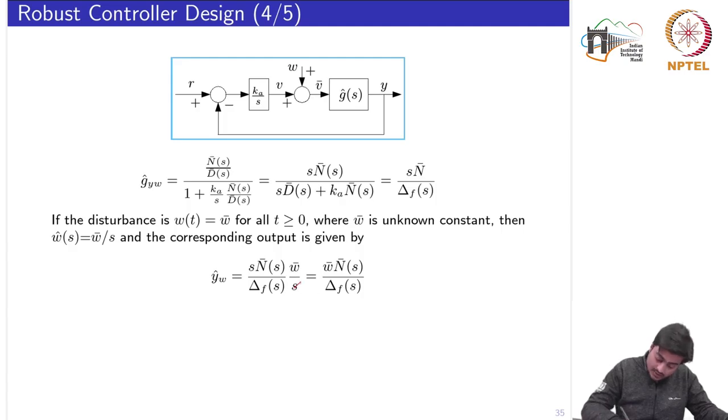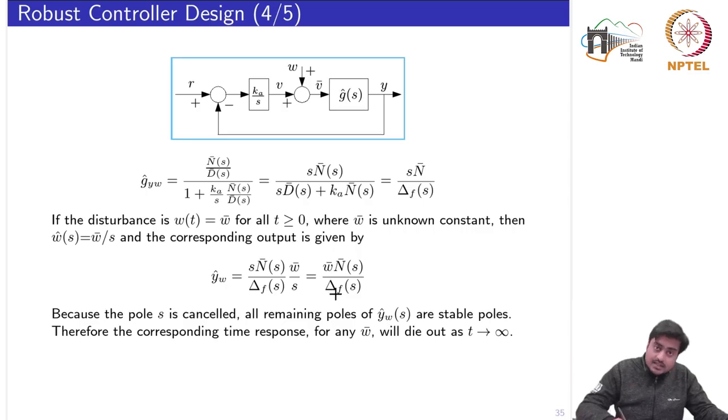So you would see that this s has been cancelled naturally, and the response y for the given w is now given by w bar n bar divided by delta f. Now if this delta f is a stable system, then the response from w would always go to 0 as t tends to infinity.